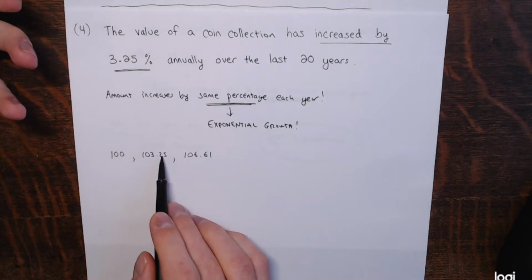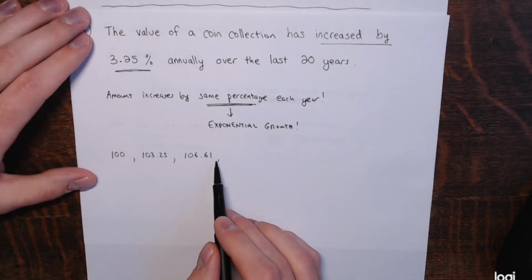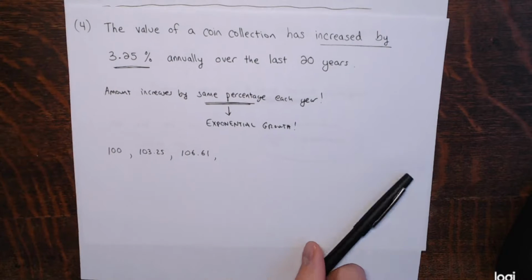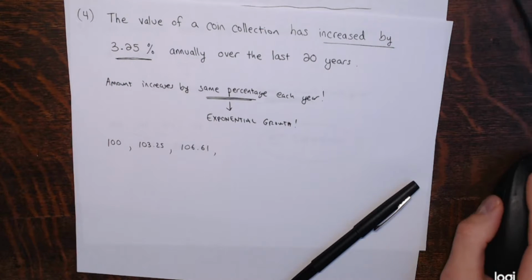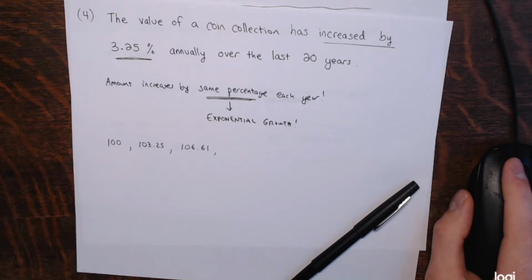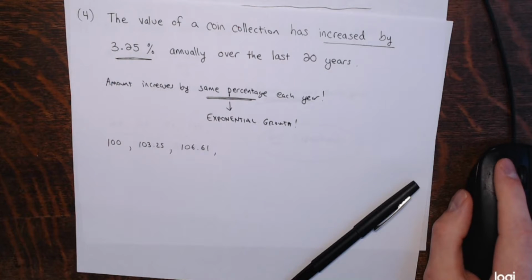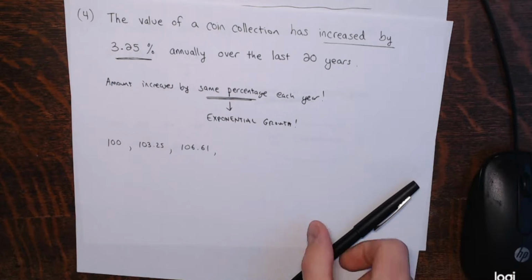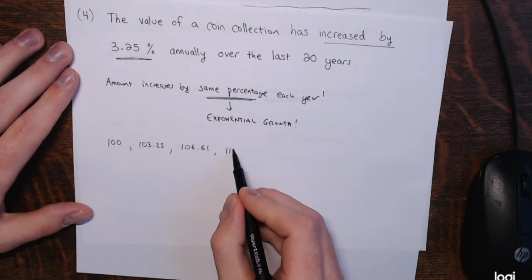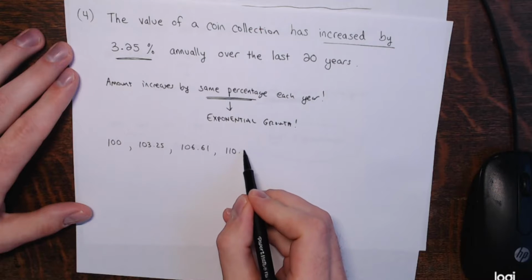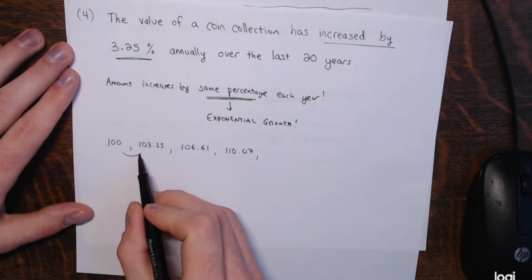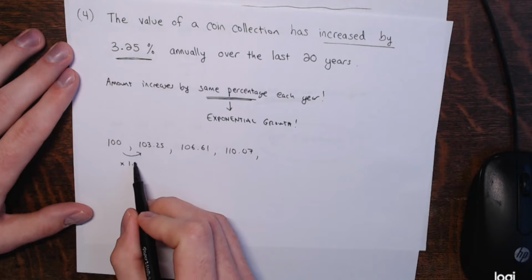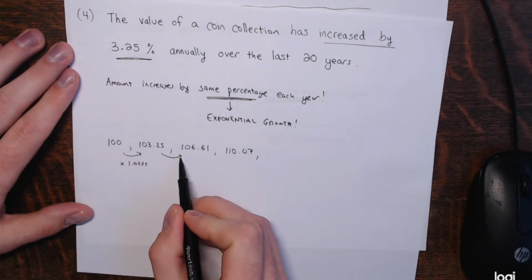So I increase this by 3.25% and then increase this by 3.25%. So multiply by 1.0325 again. And again, I'm just doing a calculator off to the side. If I do that again, then the next year the value would be $110.07. And then I do it again, multiply. So again, it's times 1.0325 times 1.0325.